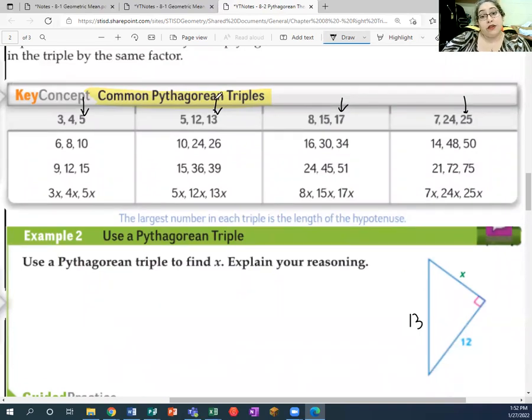The leg I've been given information for is 12, which I have, which means that my missing leg measurement is 5. It's 5 because 13 and 12 are the other two numbers in this particular Pythagorean triple.